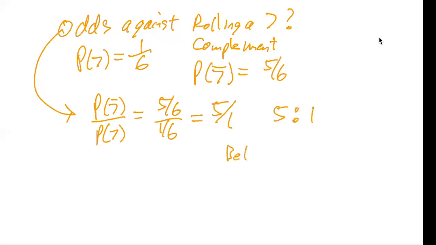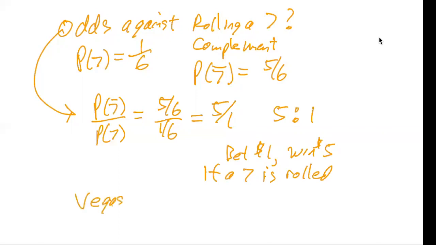Meaning you bet $1, you should win $5 if a 7 is rolled. Now I wish I had a picture of a craps table in Vegas, but here's what Vegas does.